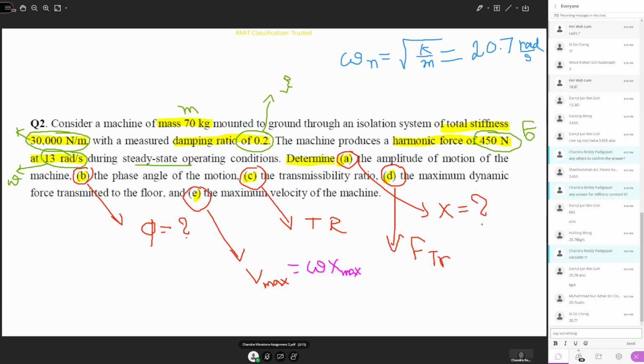So omega is given as 13 radians per second. So you can calculate R. So R is the ratio of frequencies, omega over omega n.